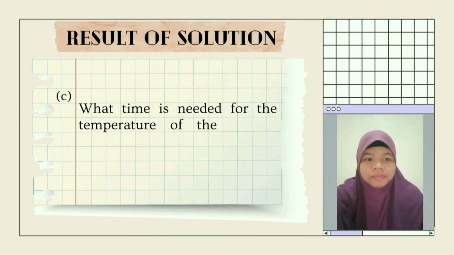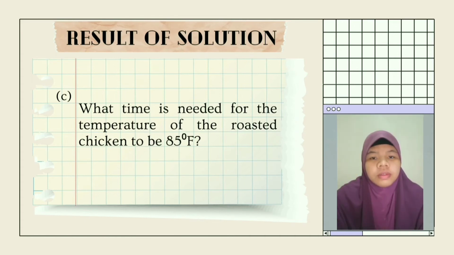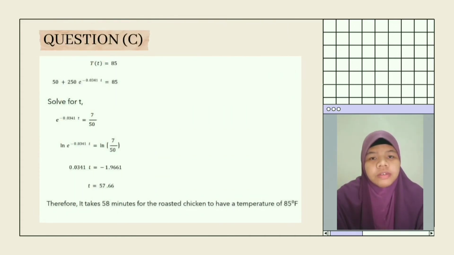Next, question C. What time is needed for the temperature of the roasted chicken to be 85? First, substitute the value given in the equation. So we will get 50 plus 250 e power of negative 0.0341 T equals 85.